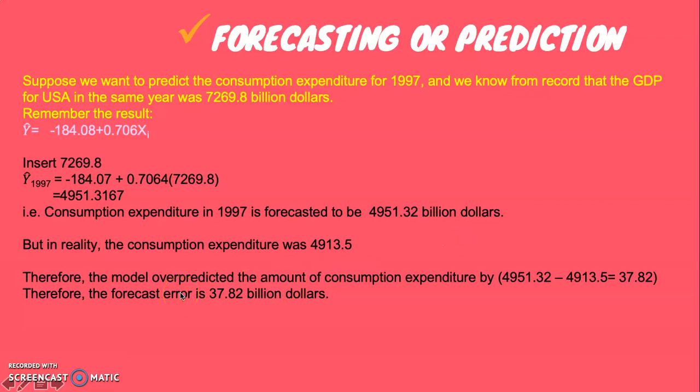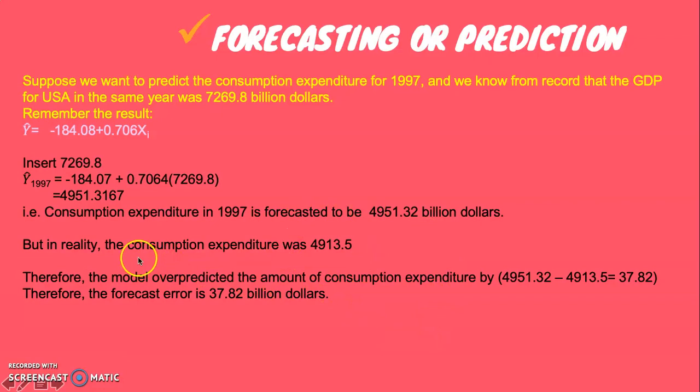Therefore, the model overpredicted the amount of consumption expenditure by 37.82. There is a difference between the forecast that was made by using our estimates and the reality, that is the real value of consumption expenditure in USA in the year 1997.